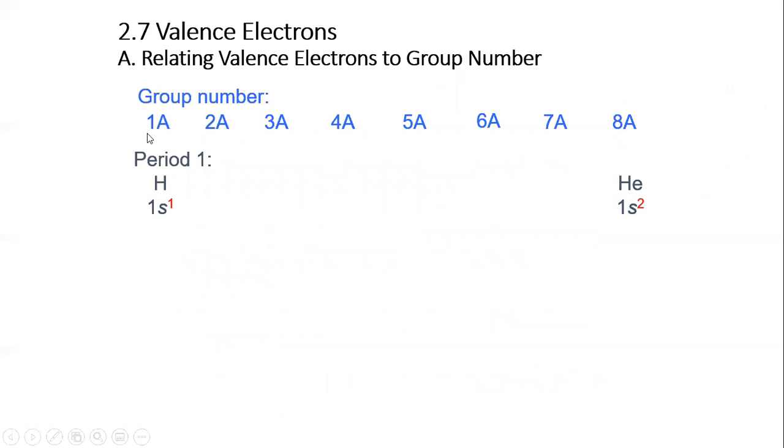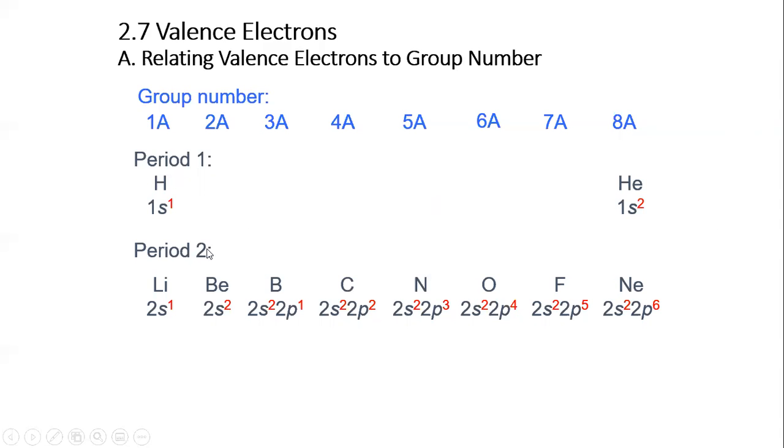So this is just showing you the different periods. So period 1, 1A, hydrogen has 1 valence electron. We go to period 2. We see that as we go across period 2, depending on the group number, the number of valence electrons increases. So lithium has 1, carbon has 4, oxygen is in 6A, it has 6, neon has 8.